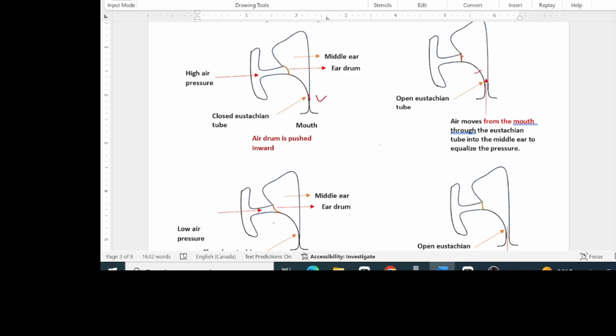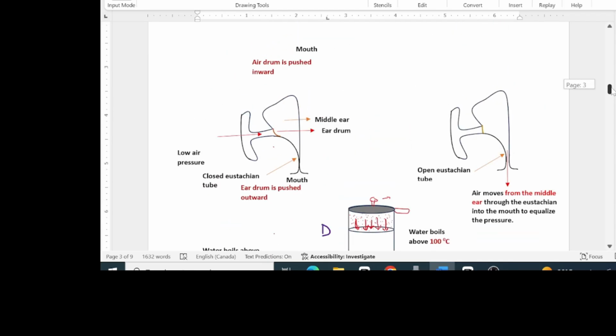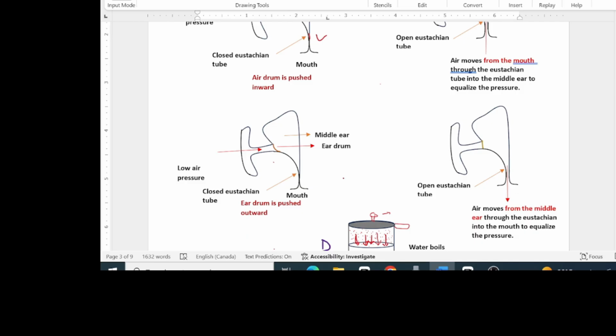Okay? Now, let us see what happens during descent. This figure here shows what happens during descent. During descent, the pressure within the aircraft or the cabin is now decreased. As this happens, the eardrum is pushed outward because look what happened.